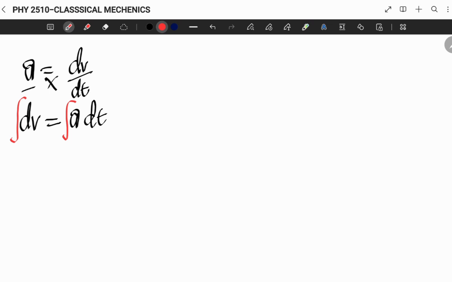The other reasoning you can give here is that differentiation is opposite to integration. So this sign goes with this d, then we're going to remain with the velocity there.